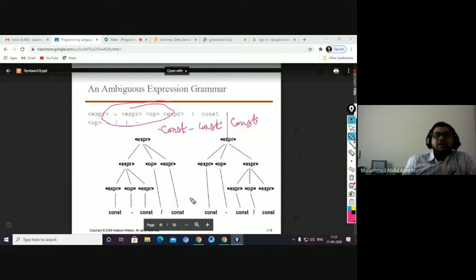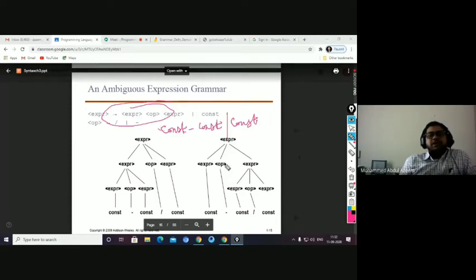That's good. Now, using the same grammar, I can derive the same statement in another way, where my tree differs from this tree. Here, I have taken the first definition of expression as expression, operation, expression.